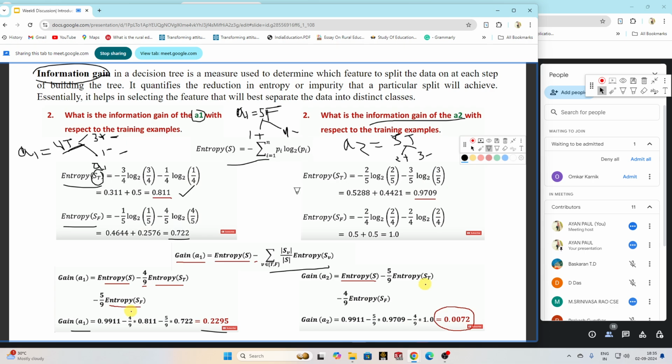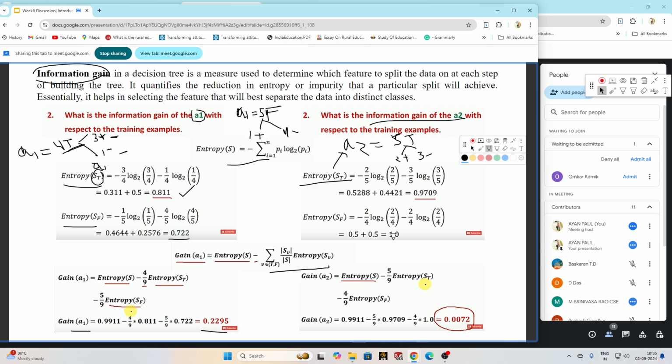That is why we will find the entropy, that is minus 2 by 5 log base 2 of 2 by 5, then for the 3 negative examples, minus 3 by 5 log base 2 of 3 by 5. That is how we will find the entropy of the true set with respect to A2. Similarly, we will find the entropy of the false set with respect to A2.